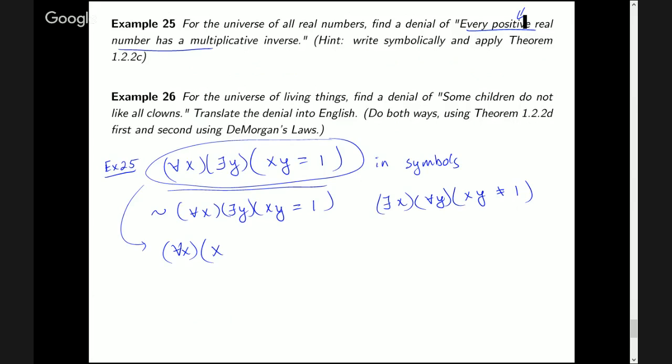I missed that. Every positive real number has a multiplicative inverse. It implies that there exists a y, x times y is equal to 1. I forgot the positive real number. This was every real number.